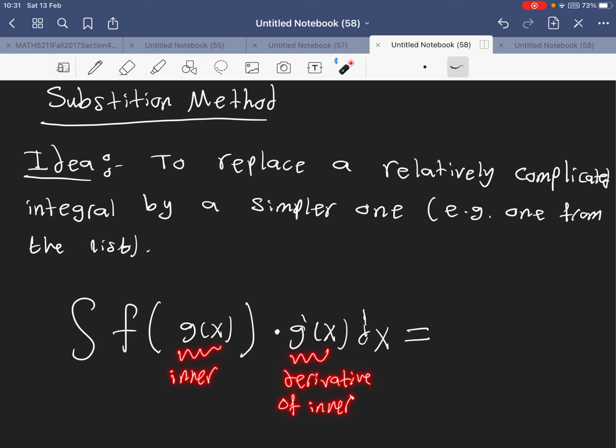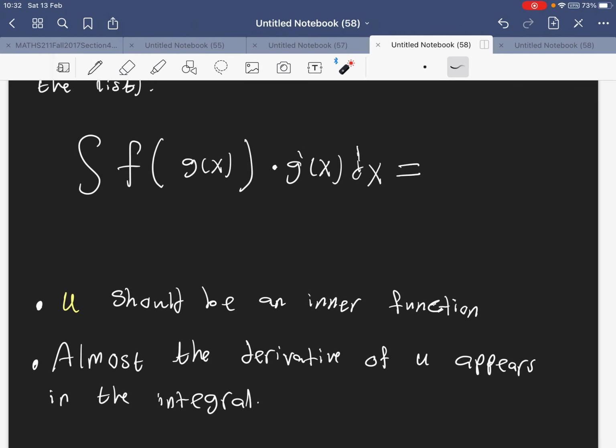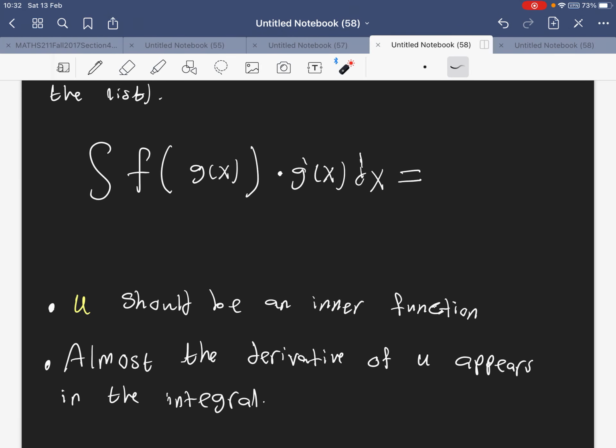So we have two things to keep in mind. There should be an inner function, and the derivative of this inner function should also appear in the integral.